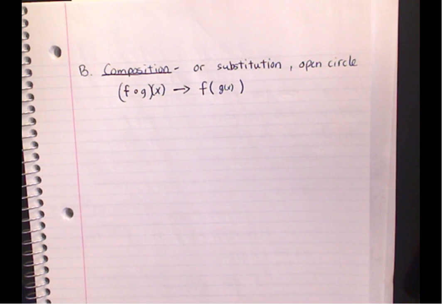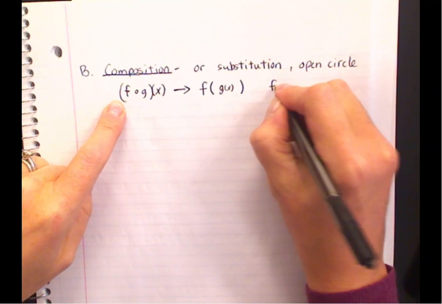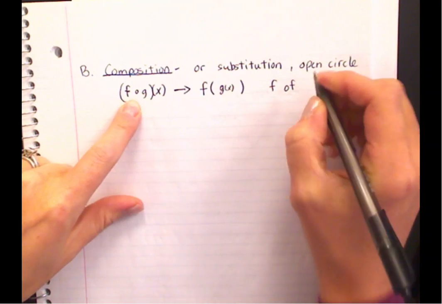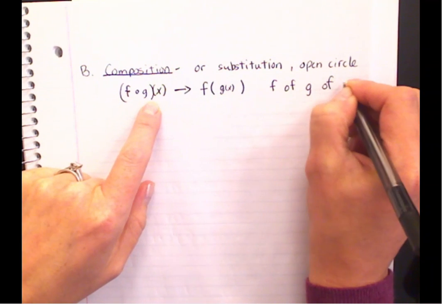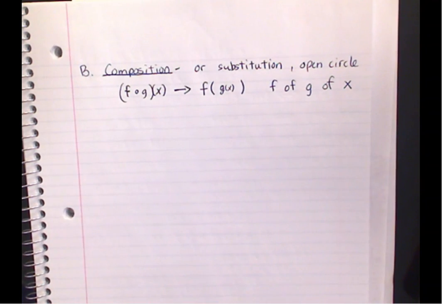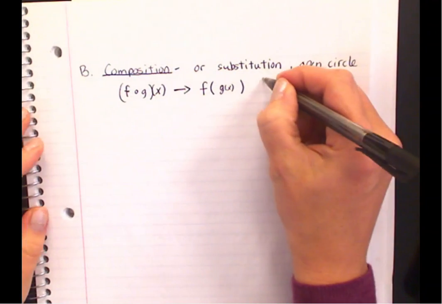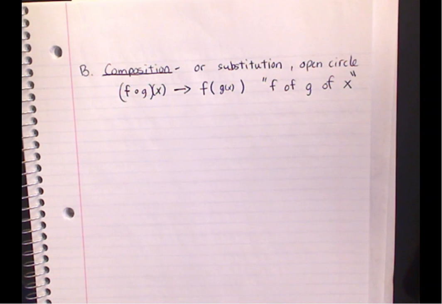Hierarchy, brackets, parentheses, how you order this is going to be really important. Okay, so we read this, f of g of x. It doesn't matter which way you write it, this is how you say it.